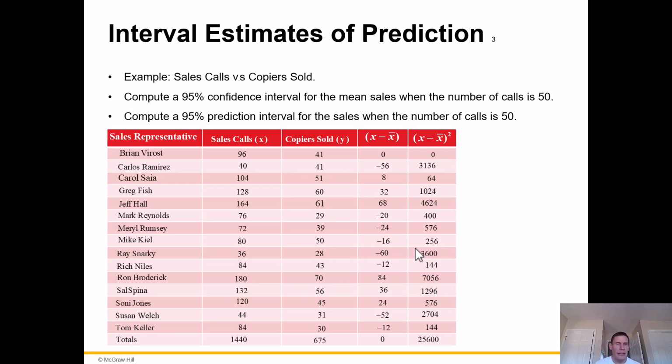Sales calls versus copies sold, back to the previous example. If we wanted to compute a 95% confidence interval for the mean sales when the number of calls is 50, we want to compute a 95% prediction interval for the sales when the number of calls is 50. We've got all the data here that we need to do this. Most of this is the stuff we had before: sales reps, sales calls, copies sold, the variance in x and the variance in x squared.